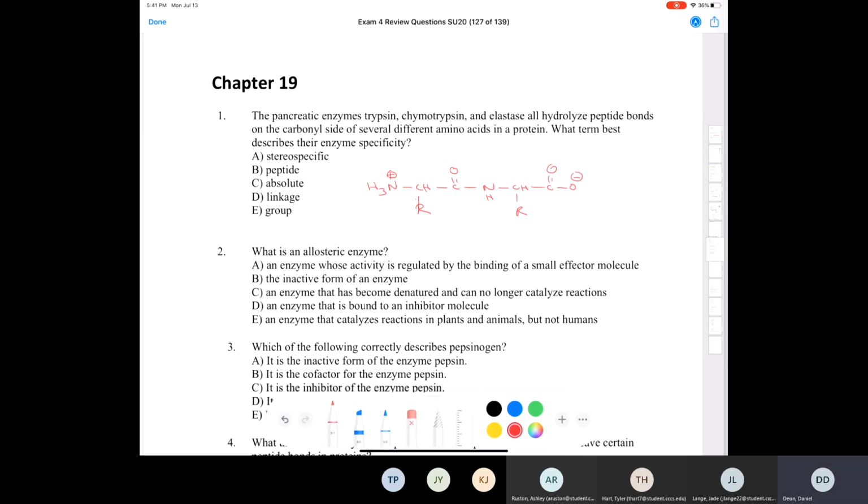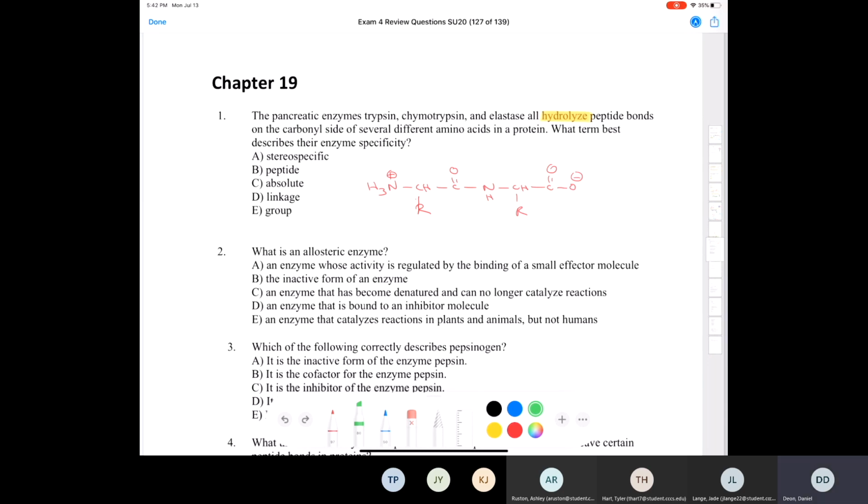Can anybody tell me what type of specificity it has? If it says what's being hydrolyzed, hydrolyzed means being broken. If you're hydrolyzing peptide bonds, the key word is bonds. So it's not stereospecific because we're not even talking about the chirality.